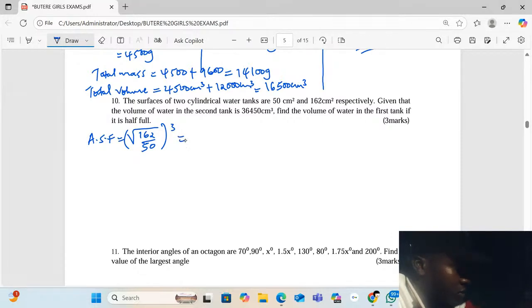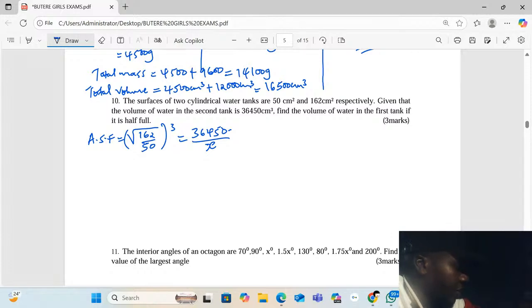Which has to give us, we have the volume, which is 36,450 cubic centimeters, divided by the other volume, which we let be x, the value that we are looking for.